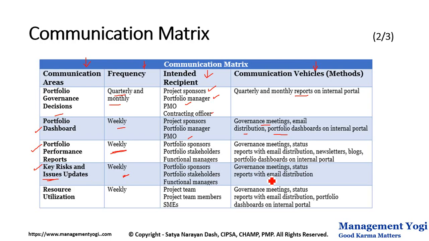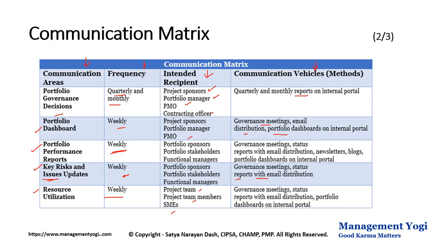The vehicles will be governance meetings, status reports with email distribution. Then you have resource utilization, another communication area, weekly. Here the intended recipients will be the project team members and SMEs, subject matter experts. Vehicles or methods used will be governance meetings, status reports with email distribution, portfolio dashboards on internal portal.